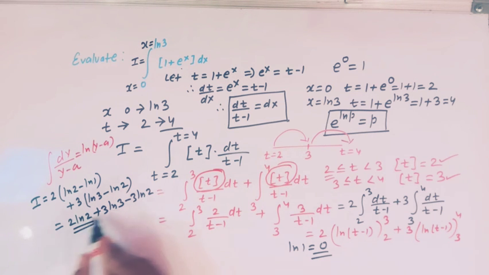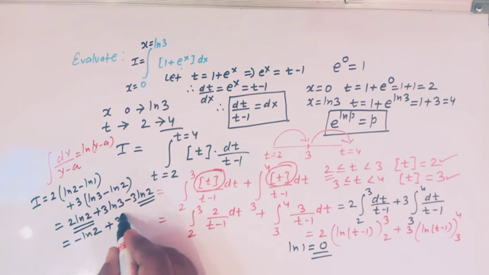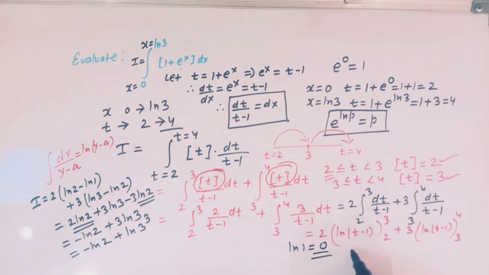Now 2 log 2 minus 3 log 2 is minus log of 2, and here we have 3 times log of 3, which we can write as log of 3 raised to 3, because n log m is equal to log of m raised to n. So this is minus log of 2 plus log of 27, because 3 cube is 27.